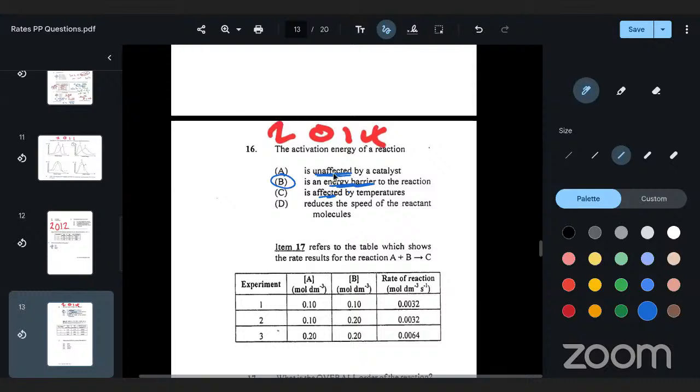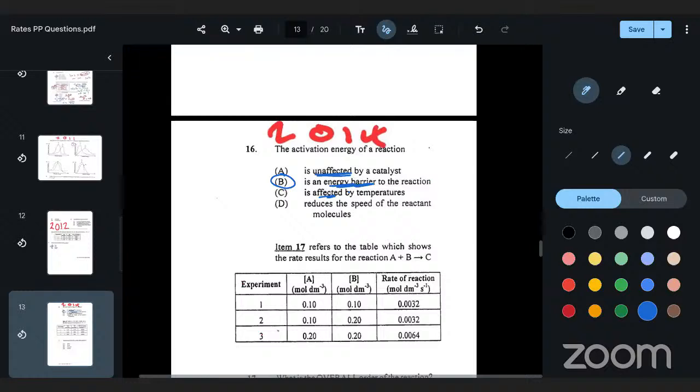Remember the Boltzmann curve? Sir, what do you mean by energy barrier? All right. So with the collision theory, for a reaction to occur, the energy barrier is just like an admission fee for the reaction.